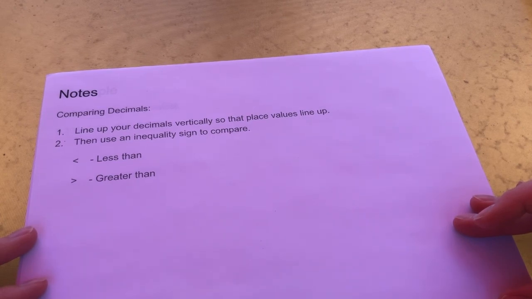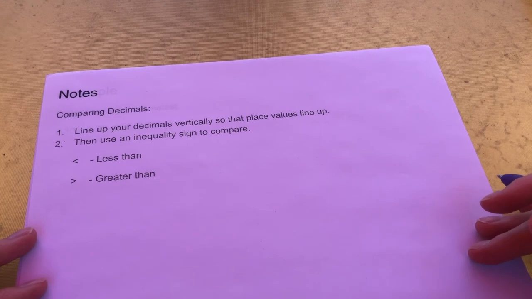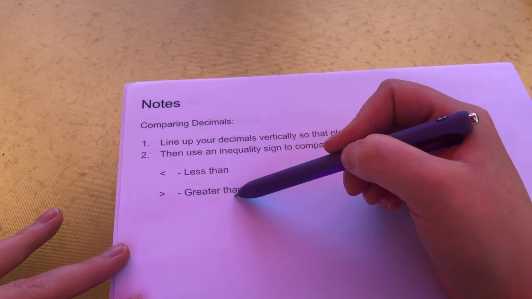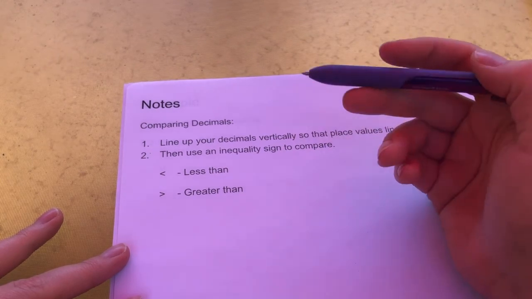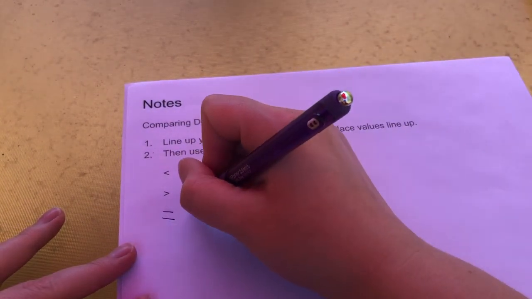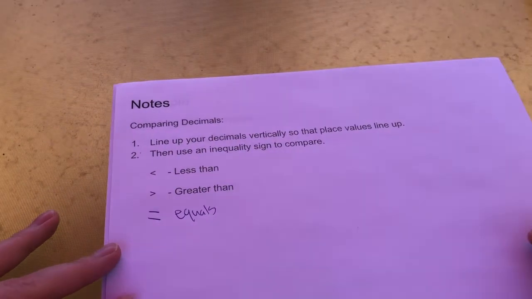Then you're going to use an inequality sign to compare. I always tell my students, if it says compare, think inequality sign. So we have less than, and that's what a less than sign looks like. And then we have greater than, and that's what a greater than sign looks like. And don't forget, another inequality sign is an equal sign. And that's okay to use equal signs sometimes.